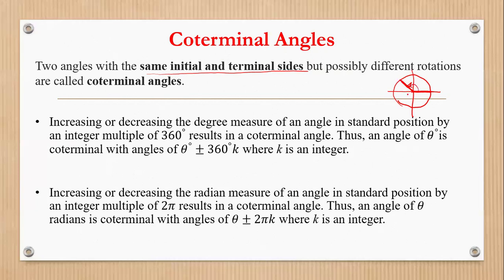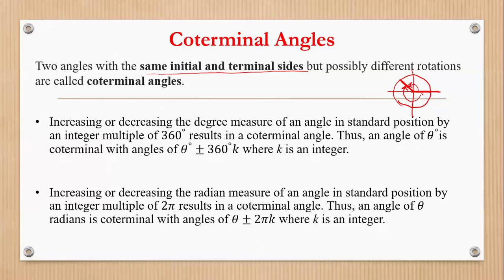If I want to find a coterminal angle for this angle, I have different options. I can find a negative angle which is coterminal with this angle, because if I go in the negative direction, I can find another angle which has the same initial and the same terminal side as that angle, but in the negative direction.